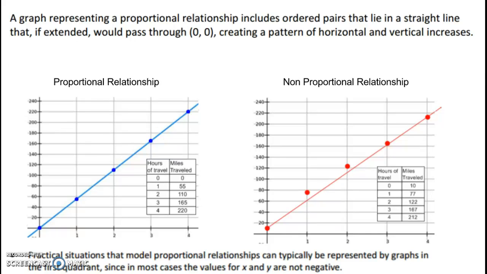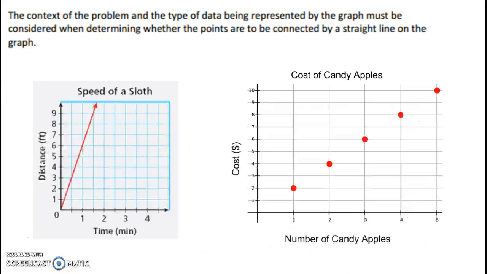As stated, real-world examples or practical situations that model proportional relationships can typically be modeled in graphs limited to the first quadrant. When discussing proportional relationships in context, it is important to note when the ordered pairs can be connected and when not.